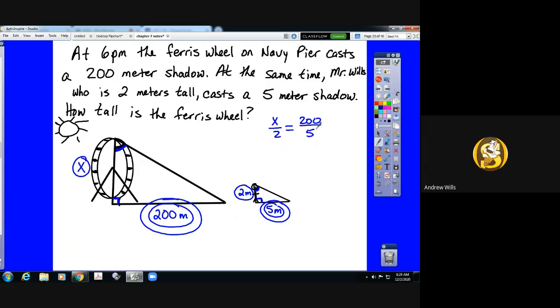And then from there, it's a relatively simple problem. The hardest part is getting the picture drawn and labeled. Then we set up our proportion and we cross multiply. So that gives us 5 times X and 2 times 200, which would be 400. Simple one-step equation to solve. We divide by 5 and we get X is equal to 80 meters.